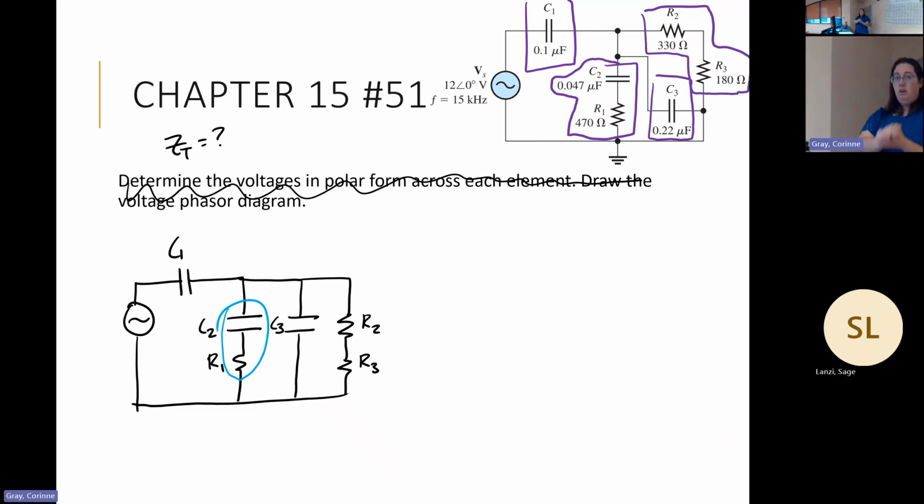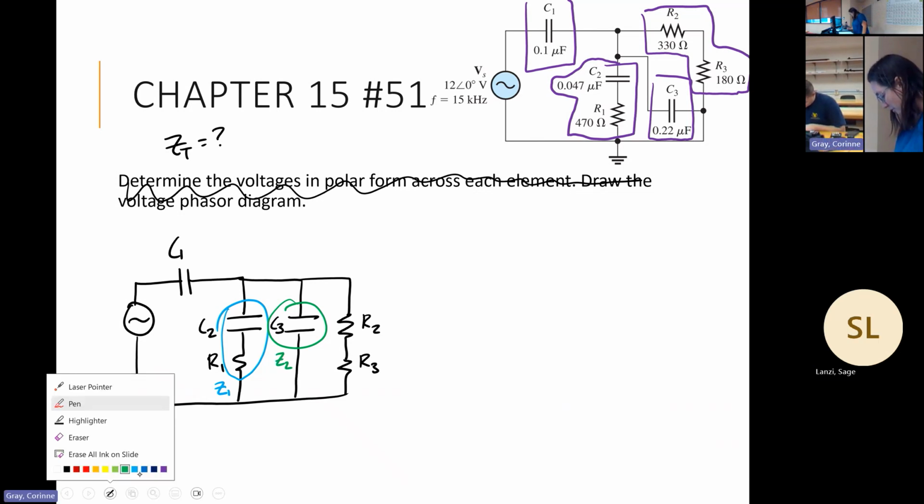What do we want to call this? Okay. I'm going to deal with C3 by itself. So if I'm going to go with Z1, I probably want to call this one Z2.